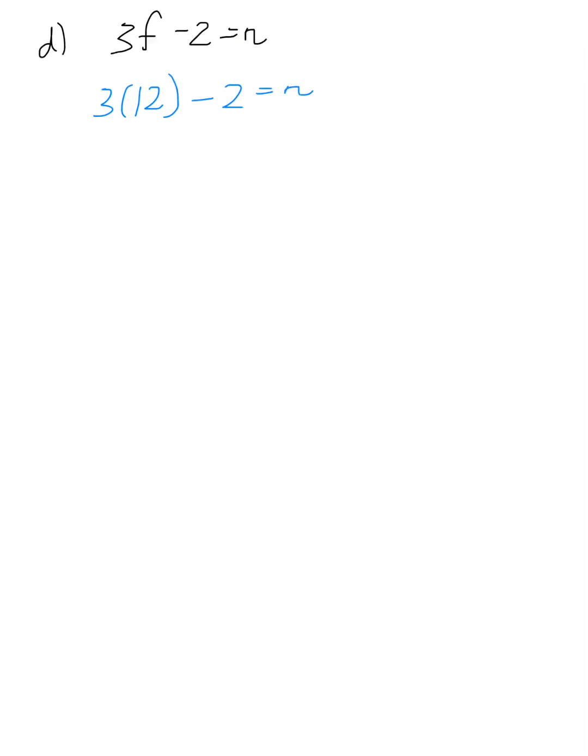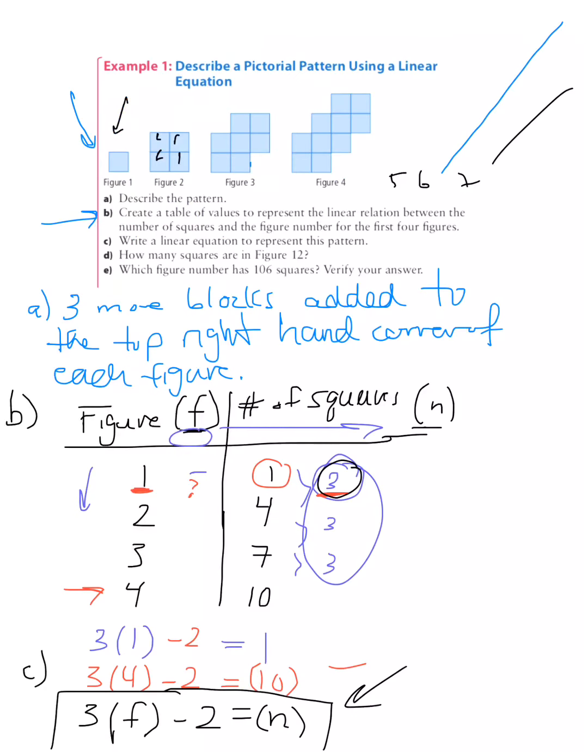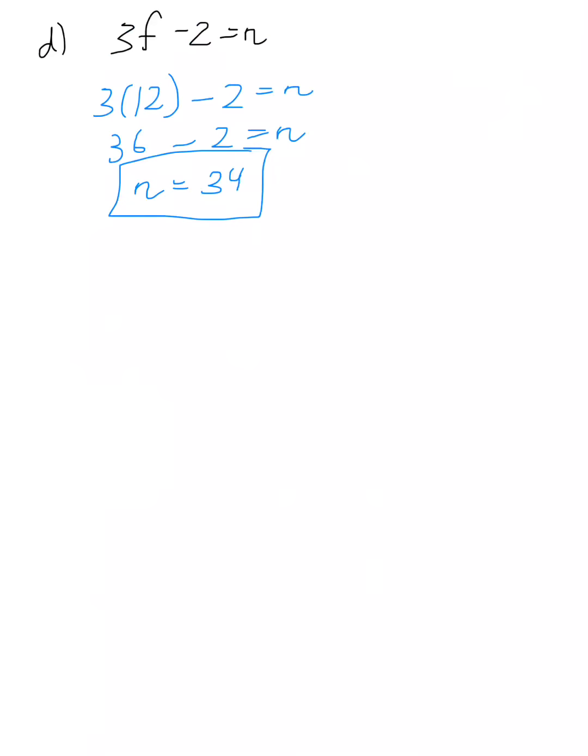Minus 2, and when we solve it, we're going to get the number of squares. So we have 36 minus 2 equals n, so n equals 34. So if we go back to our question here, figure 12, if we kept drawing this, would have 34 squares.